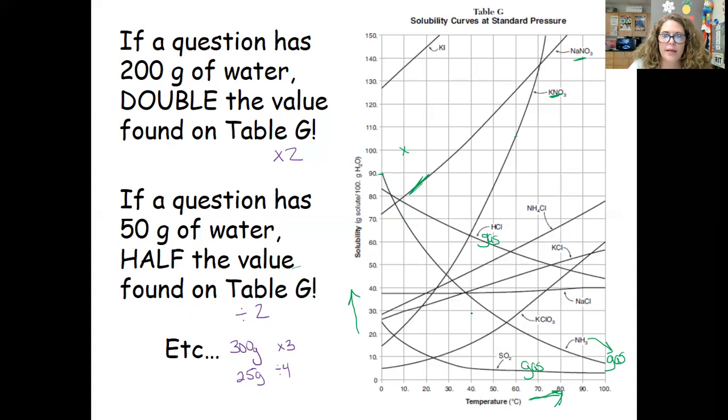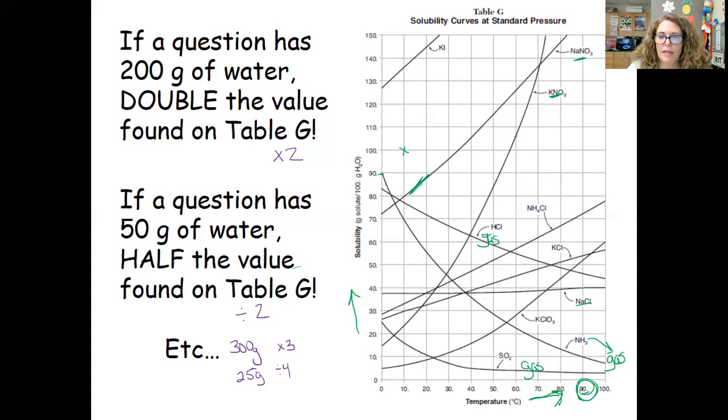So if I said, I don't know, let's find a nice easy point here. Let's look at salt water. All right, salt, sodium chloride, is really not that soluble. So now at 90 degrees, let's look down here, how much sodium chloride do I need to add to make a saturated solution?